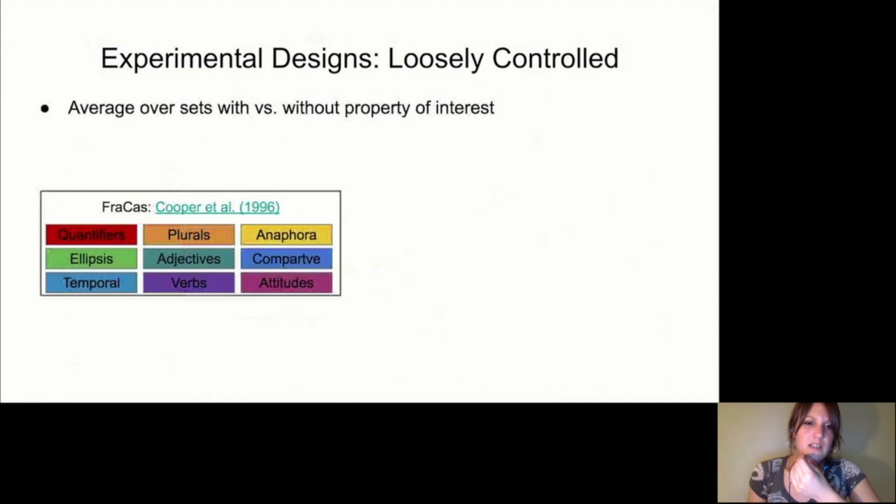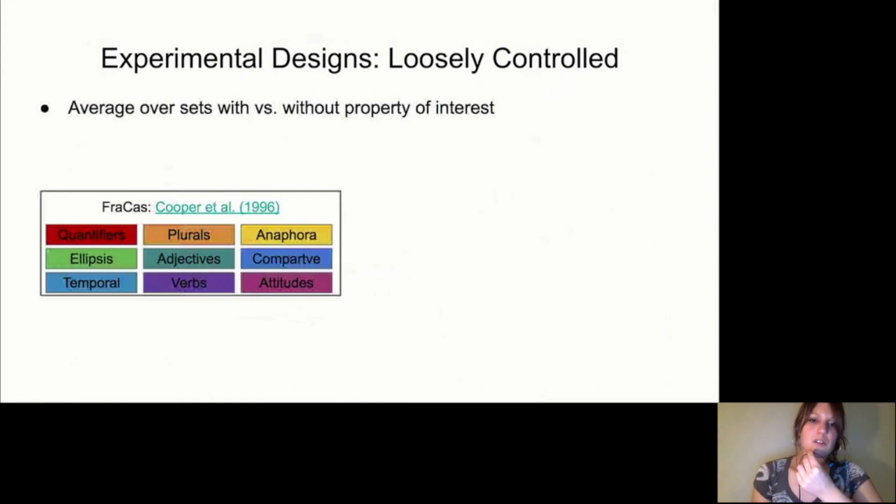There's about 800 examples, so a little under 100 in each of 9 categories. And then within these categories, they're further broken down. So you'll have about 80 examples of questions involving different types of reasoning over quantifiers, different types of reasoning about plurals and anaphora. And so then you can average your model's performance over those different test splits, and you can say that it's performing barely above random on quantifiers, but it's near ceiling on plurals, and it's somewhere in between random and ceiling on anaphora.